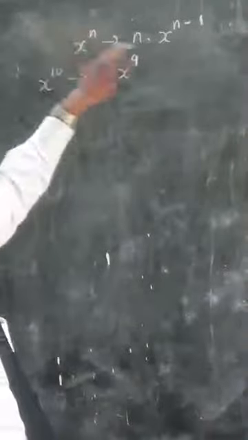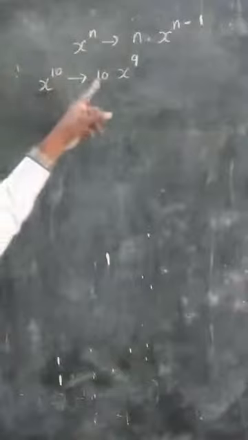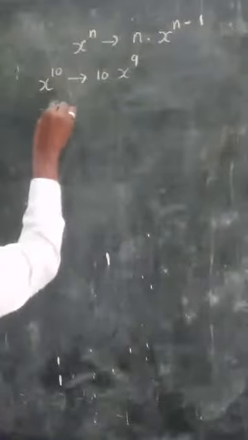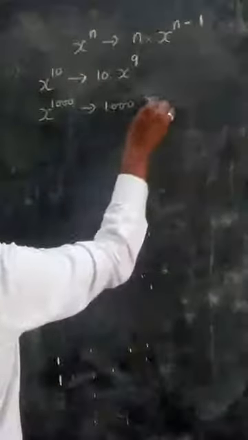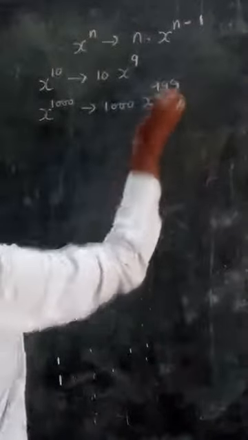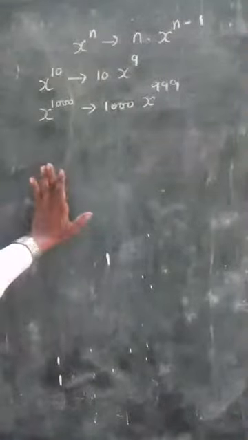So for x power 10, the answer is 10 into x to the power of 9. Suppose it is x to the power of 1000, what is the answer now? The power comes to the front, 1000, x to the power of 999. The power gets reduced by 1. So this is a very simple example for the first basic formula, x to the power of n.